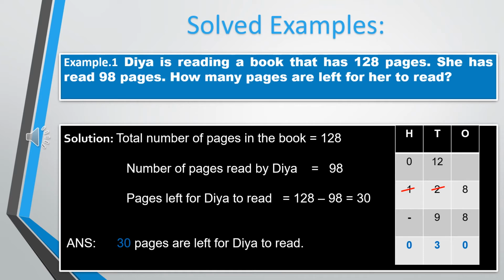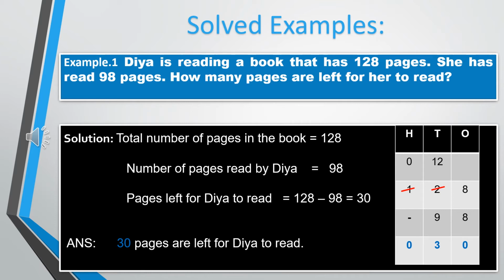Now we have to find out how many pages are left for Dia to read. So here left is a word which indicates that our story problem is about subtraction. This left is a special word.